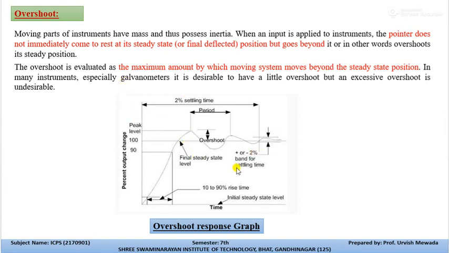Overshoot is the deflection of the pointer, where the pointer does not immediately come to rest at its steady state position but goes beyond. The maximum amount by which the moving system moves beyond the steady state position is called the overshoot of the instrument. From this graph you can easily understand the overshoot, overshoot period and settling time.